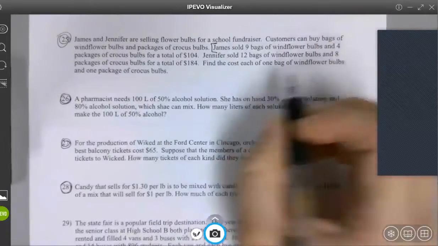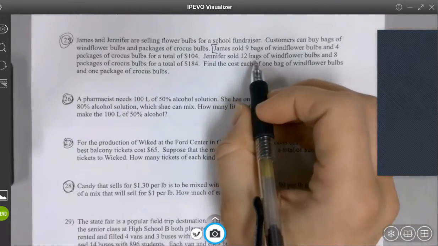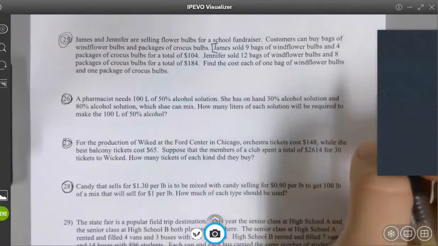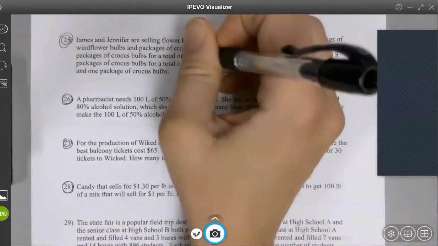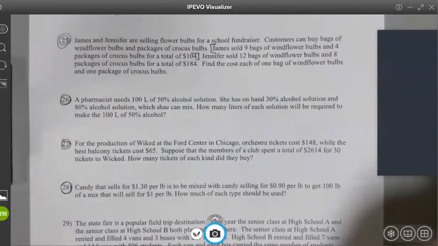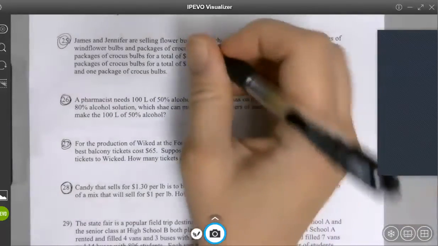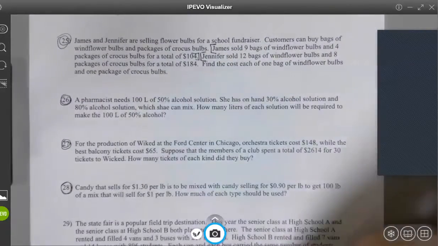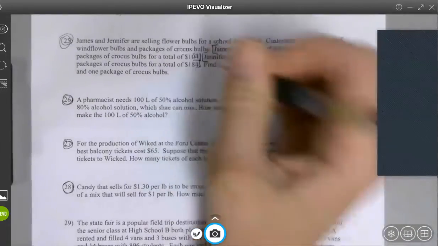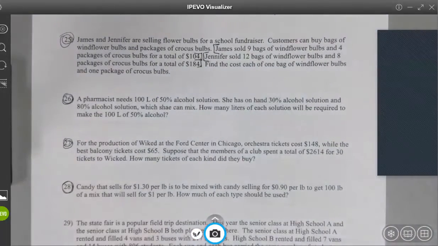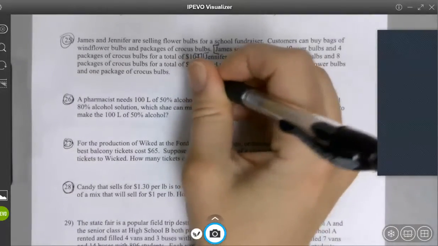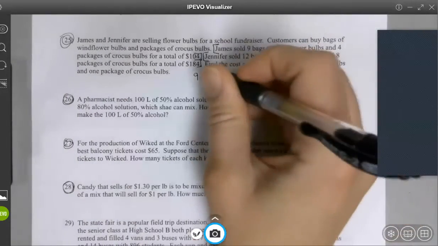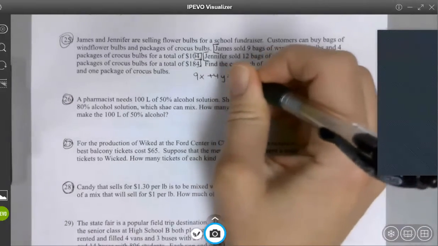James sold 9 bags of windflower bulbs and 4 bags of crocus bulbs for a total of 104. Jennifer sold 12 bags of the windflowers and 8 bags of the crocus bulbs for 184. So sentence 1 is giving me an equation where I have 9x and 4y equal to 104.